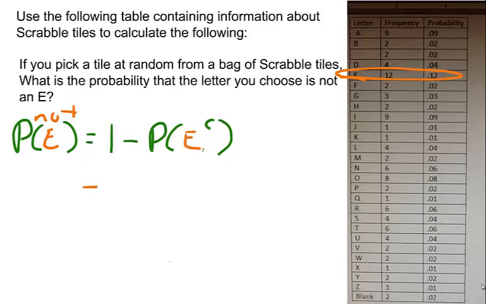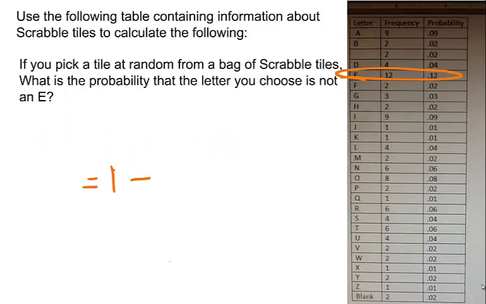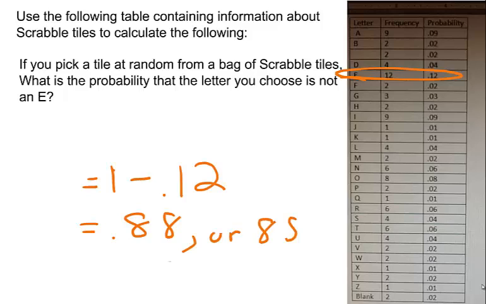So all I need to do is plug this value into my formula. 1 minus the probability of E, our probability is 0.88, or 88%. In other words, the probability that we do not choose an E is the complement of choosing an E.